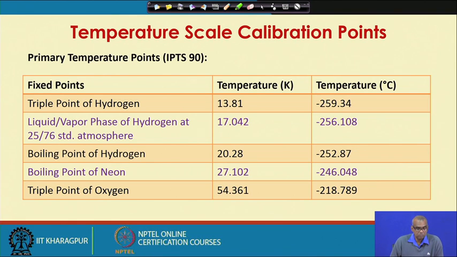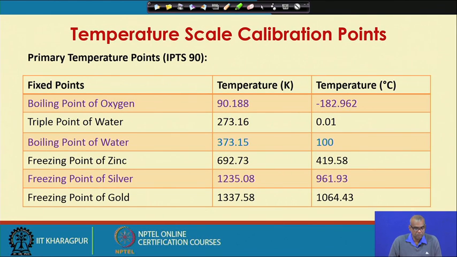Triple point of hydrogen, liquid vapor phase of hydrogen at 25/76 standard atmosphere, boiling point of hydrogen, boiling point of neon, triple point of oxygen. This is primary temperature points IPTS 90. Some more examples: boiling point of oxygen, triple point of water, boiling point of water, freezing point of zinc, freezing point of silver, freezing point of gold.